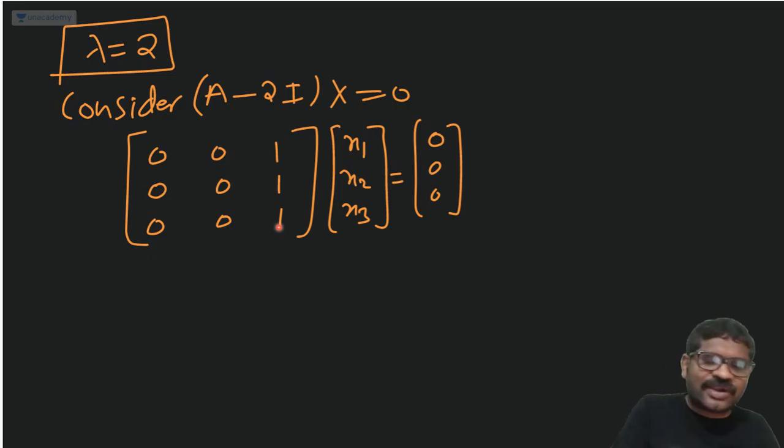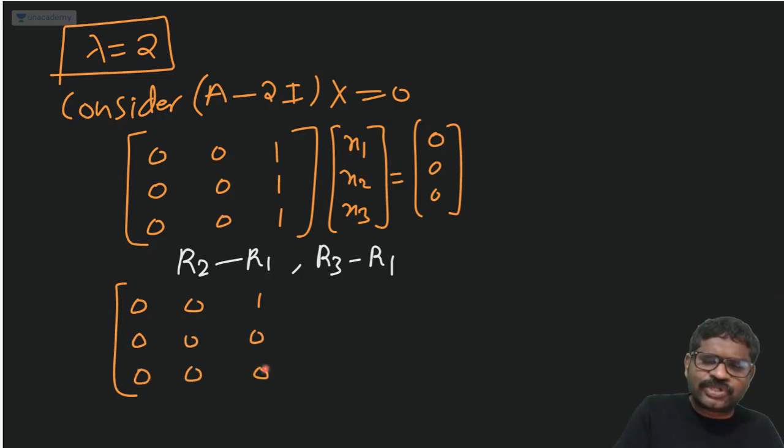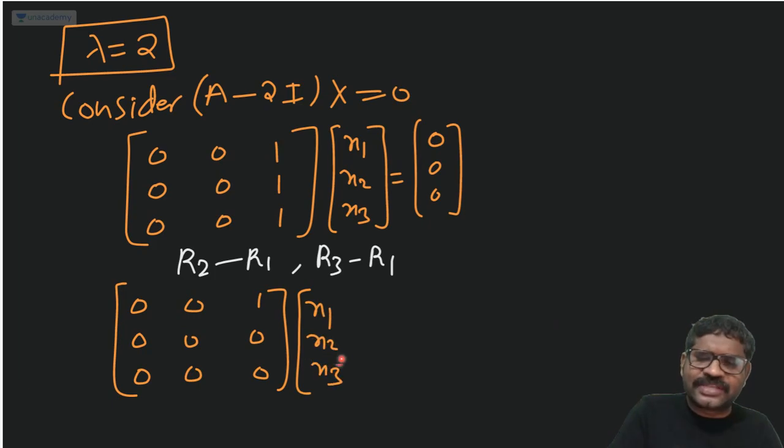No, it is not in echelon form. That's why R2 minus R1, R3 minus R1. I'll get 0, 0, 1, 0, 0, 0, 0, 0, 0. X1, X2, X3 equal to 0, 0, 0.